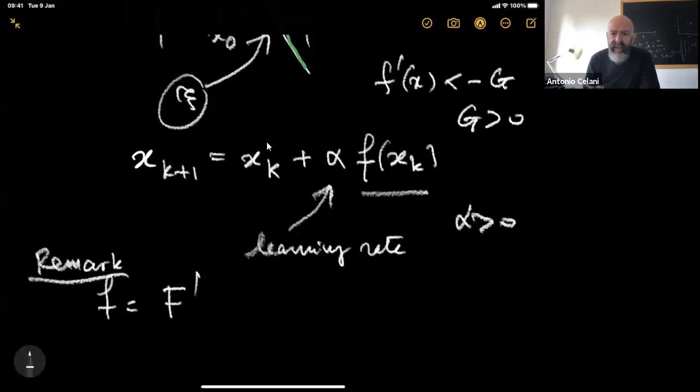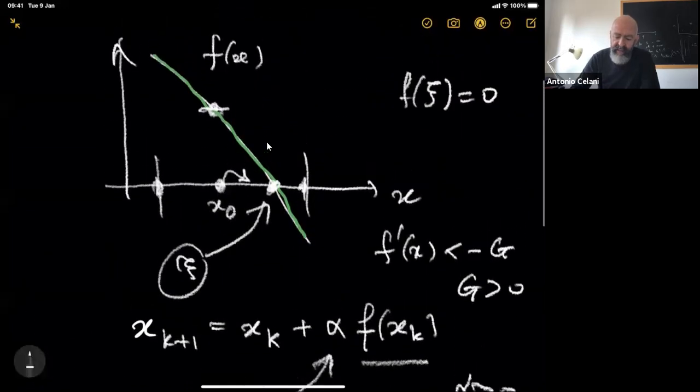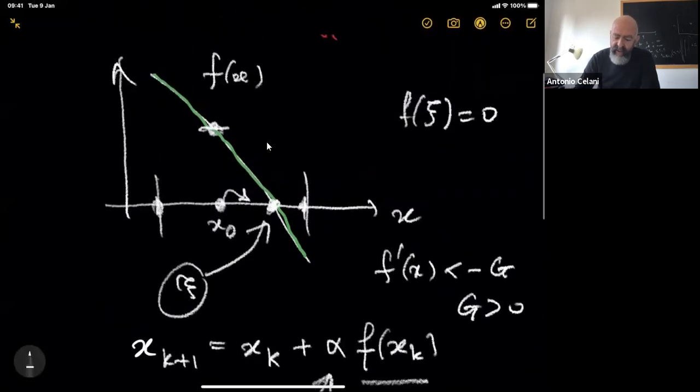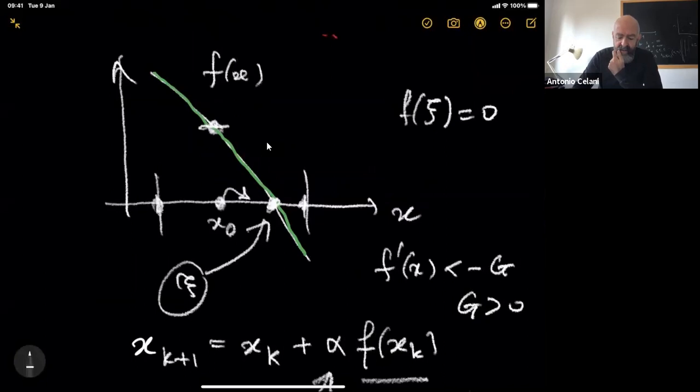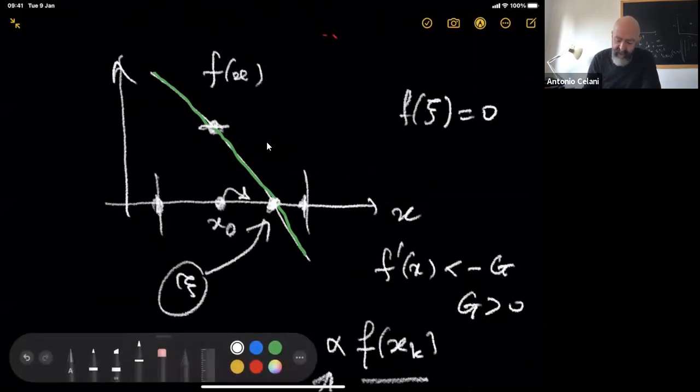So what does it mean in terms of the function capital F? Well, the derivative of the function capital F is positive here. It's 0 at this point xi and goes down after.